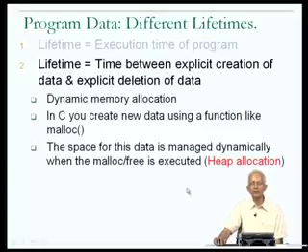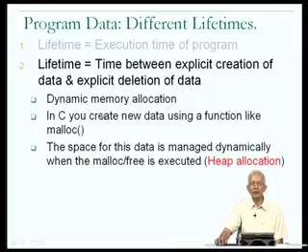So the name which is given for this kind of memory allocation for data is heap allocation. The reason is that this kind of data is allocated out of a runtime data structure of the computer system associated with that program, called the heap. So memory space is allocated for the dynamically created variable on the heap.